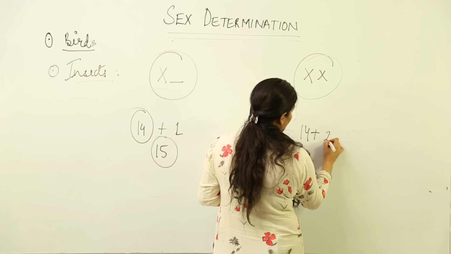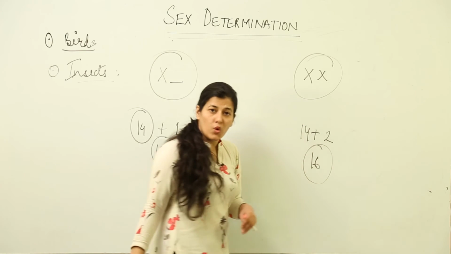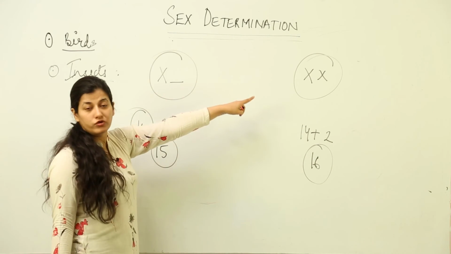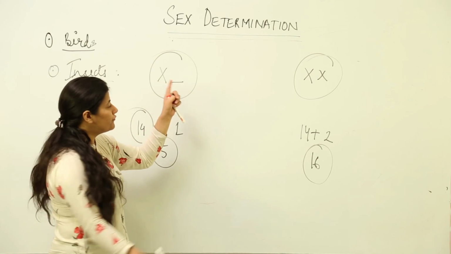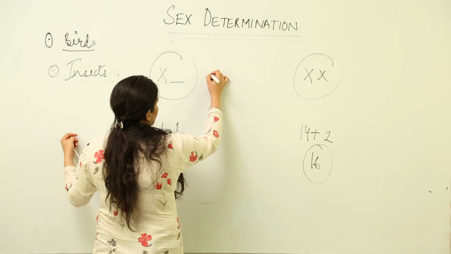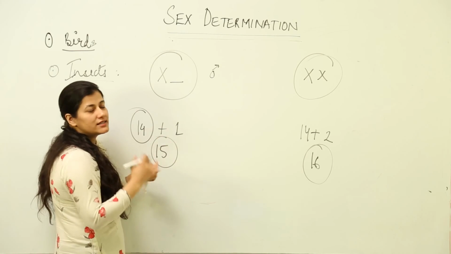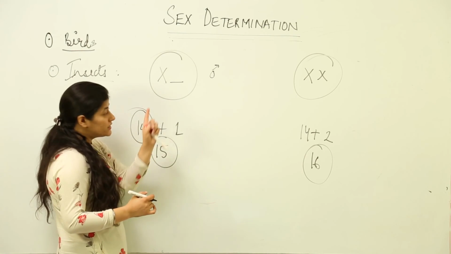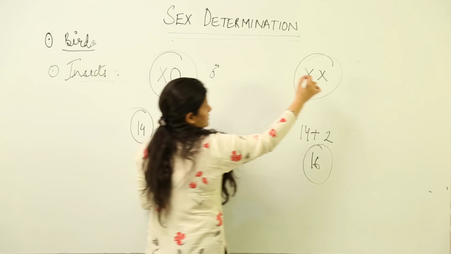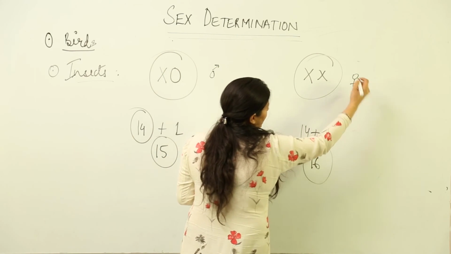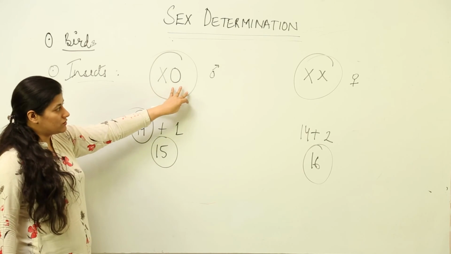So in any case you have the female having 1 chromosome more than the male, and that one would be X. I hope I am clear. What I am trying to say is that if the insect is male, it has 1 chromosome fewer than the female, and that one is an X. So the male parent is considered as XO and the female is considered as XX. Such is the sex determination mechanism in certain cases of insects.